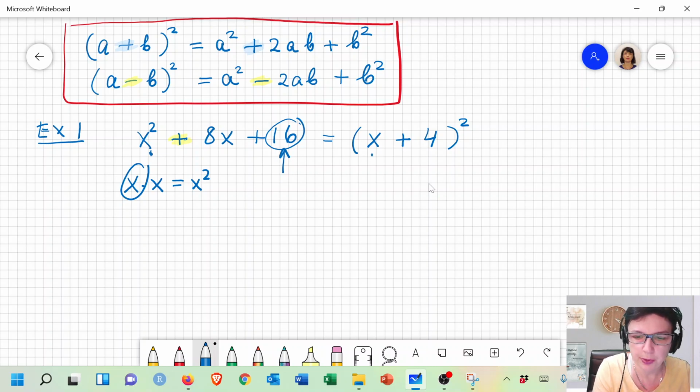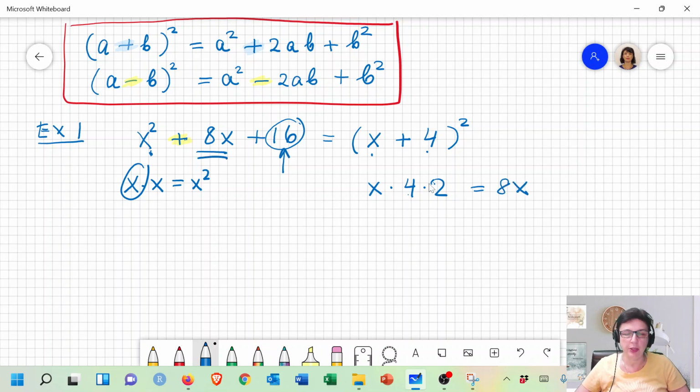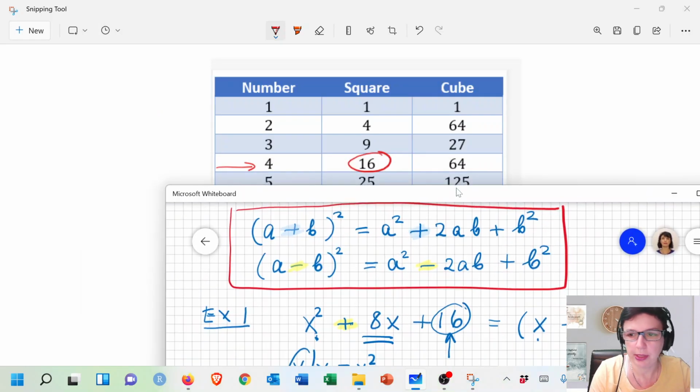Take these two numbers, the unknown x and the number 4, and double it, so multiply that by 2. That's 4 times 2, which is 8. That gives you 8x, and that should match this middle term. If that doesn't match, then it's really not a perfect square trinomial, and you couldn't factor it this way.